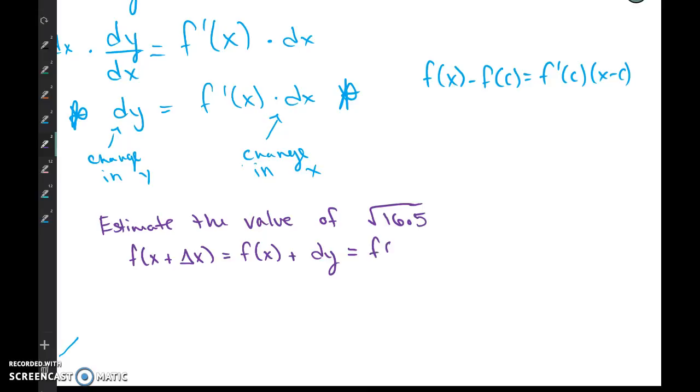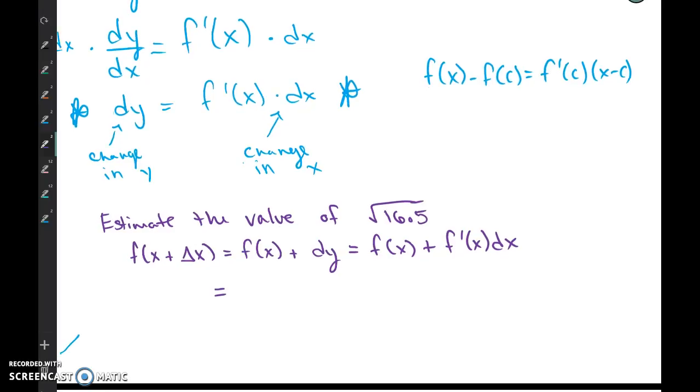And we can use the fact that we just derived above to say f of x plus the derivative times that difference in x, that change in x. So when we're looking at this problem, when x is 16, we know what the square root of that is.